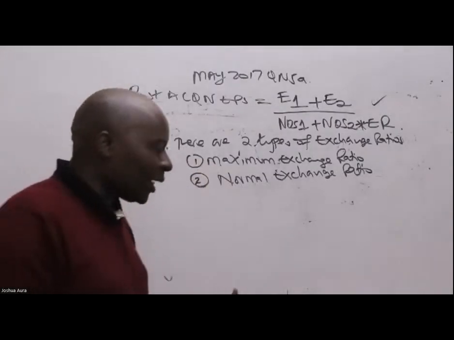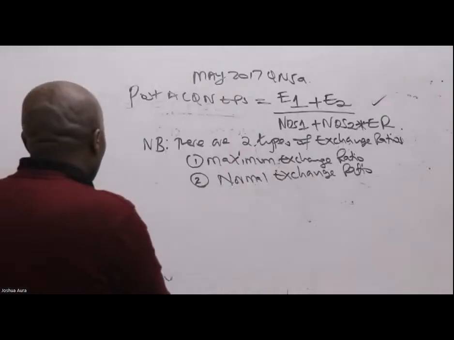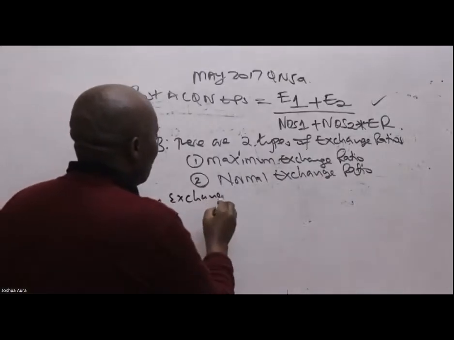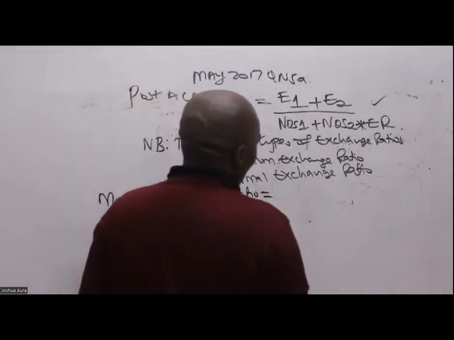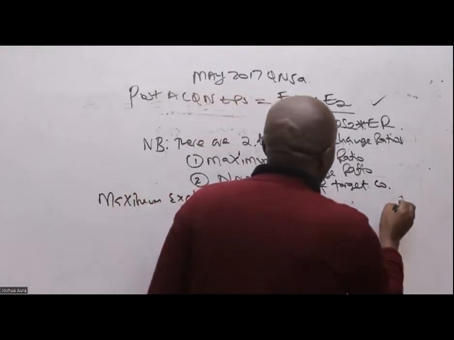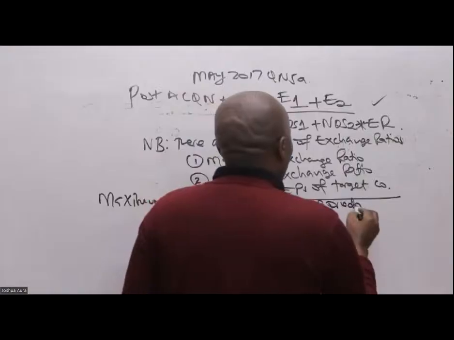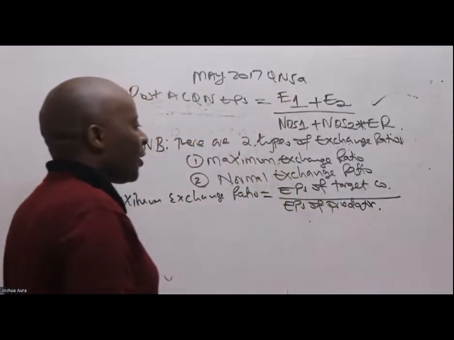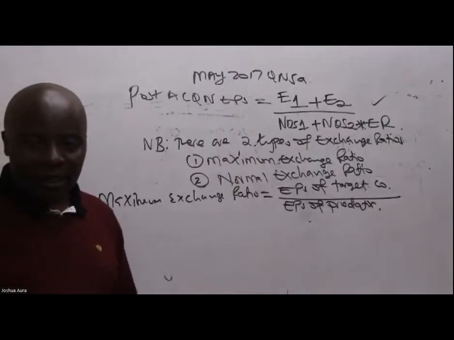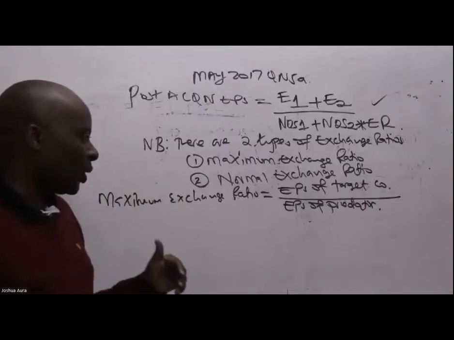Maximum exchange ratio equals EPS of target company all over EPS of the predator. That's the maximum exchange ratio. Unless the examiner specifies that they want the maximum exchange ratio, I'll always think of the normal.